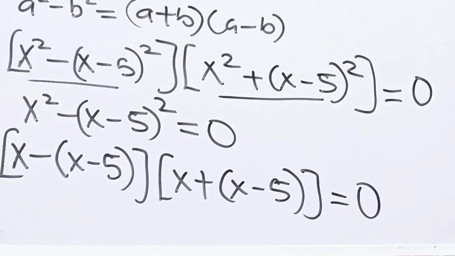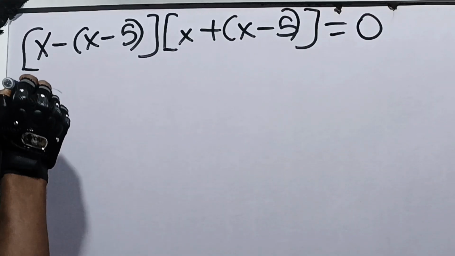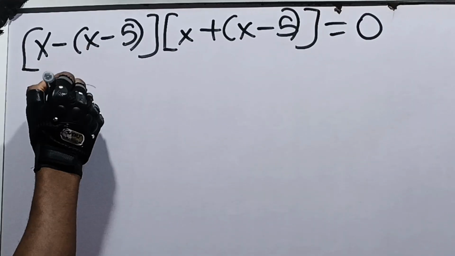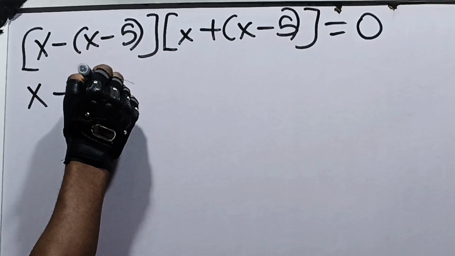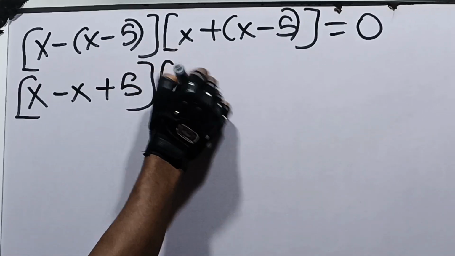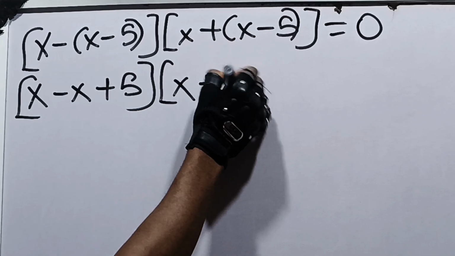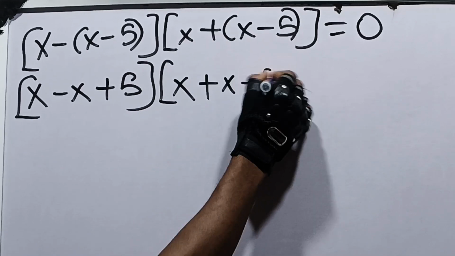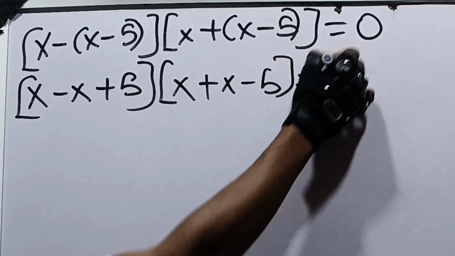Moving on, minus times x is minus x, minus times minus 5 is plus 5, multiplied by x plus x, plus times minus 5 is minus 5, is equal to 0.